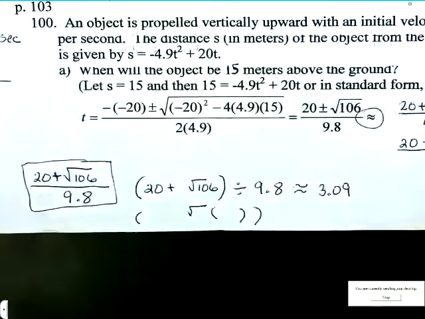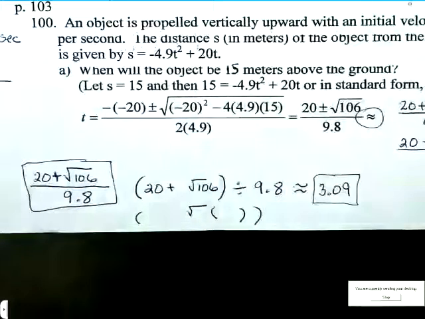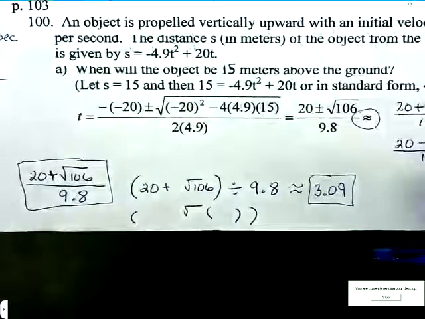If they say round to the nearest hundredth, then you give them that. If they say round to the nearest tenth, you give them 3.1. Yes, you would get 2. Right. All right. Now that problem actually has a B part and a C part on the back.